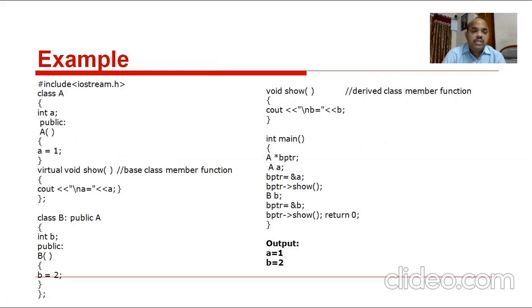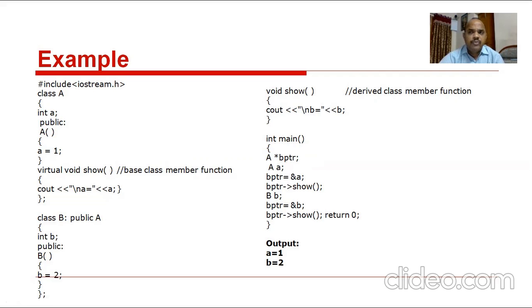Here virtual is a virtual function. This is an example for dynamic polymorphism. Clear? Virtual show is the base class member function, and virtual show is the derived class member function.